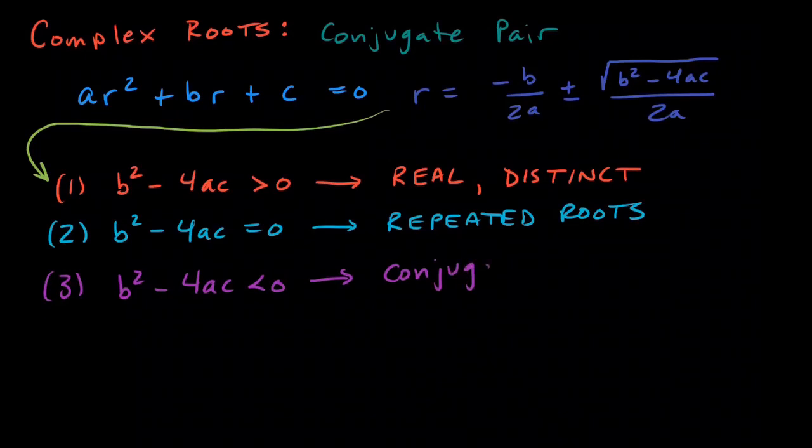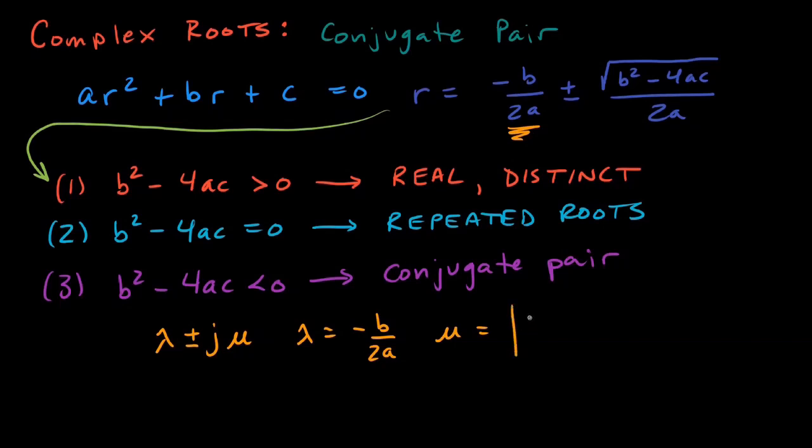And so a lot of textbooks are going to write that as lambda plus or minus j mu, where lambda is going to be equal to the negative b over 2a term, right? So that's going to be this. And then mu is going to be equal to essentially the magnitude of the square root of b squared minus 4ac over the quantity 2a.